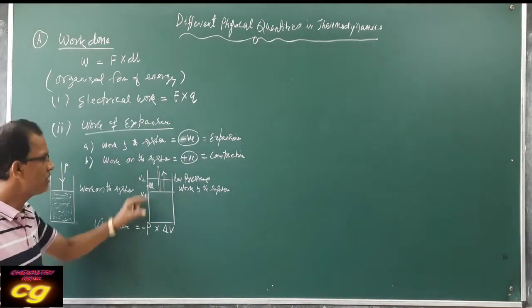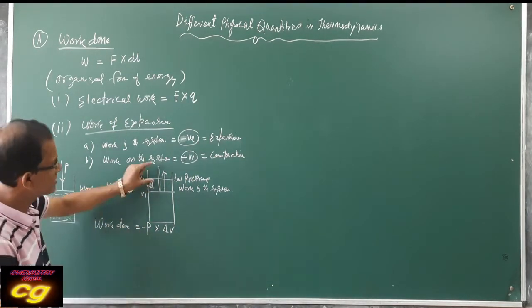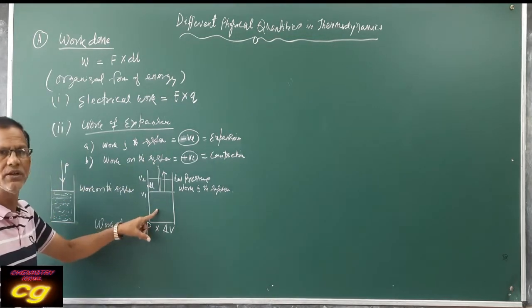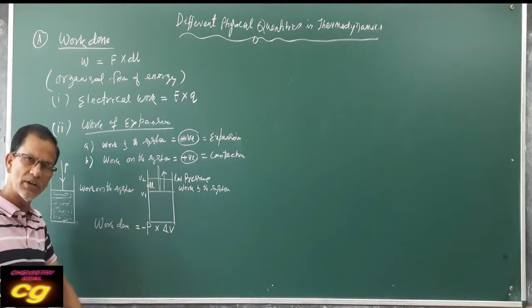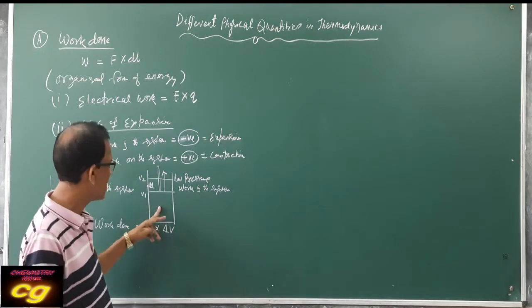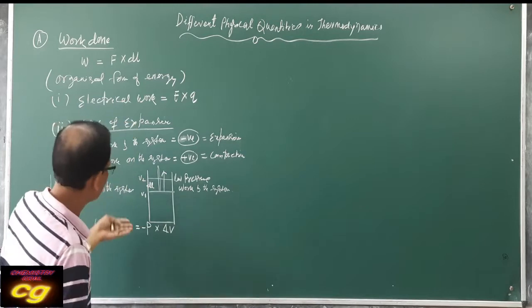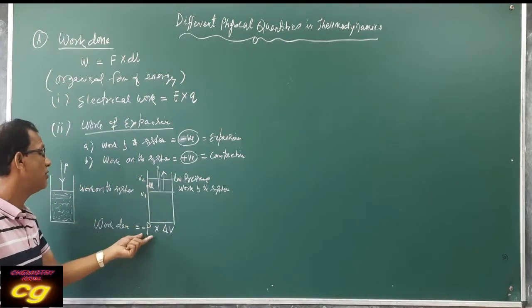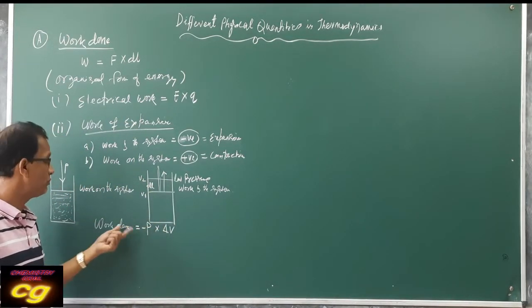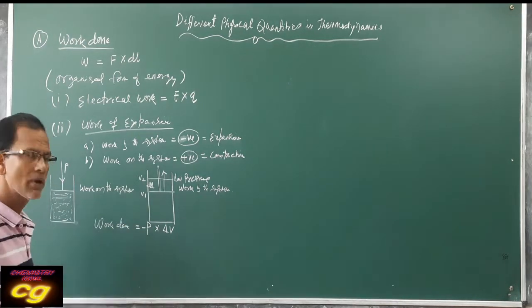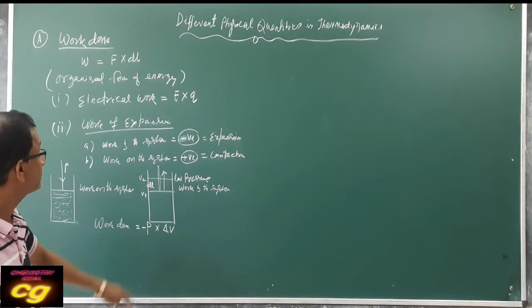What is P? P is the external pressure. Here the external pressure is lower than the gas pressure. When the pressure of the gas is more than that on the piston, the piston moves upwards. That is expansion, and here the work done is considered with a negative sign.